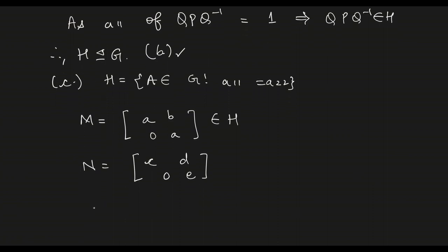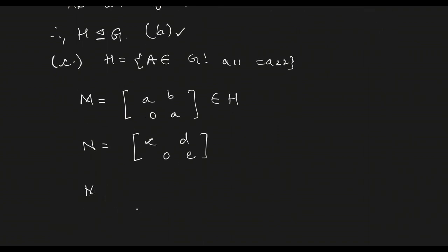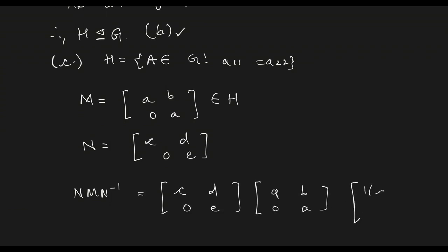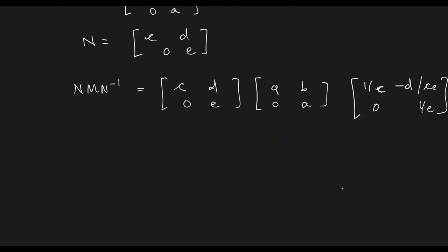It is not coming the same for me. N M N inverse. C 0 D E, A 0 B A, 1 by C 0 minus D by CE, 1 by E. So this is equal to CA, CB plus AD, 0.